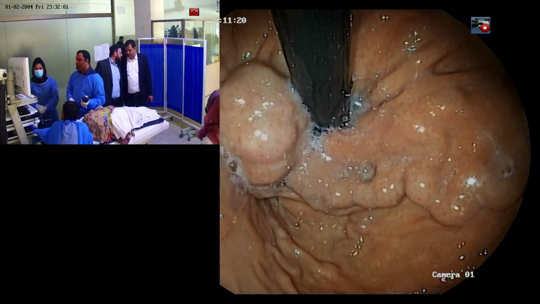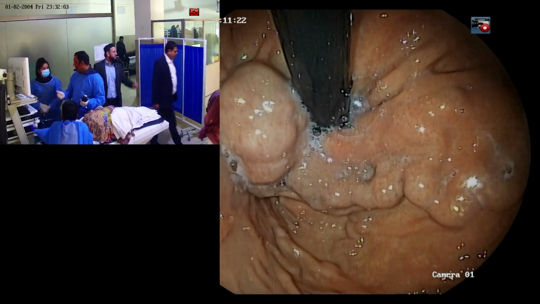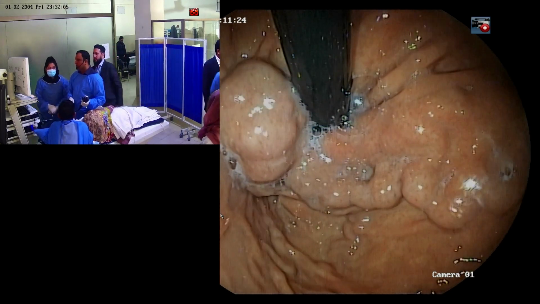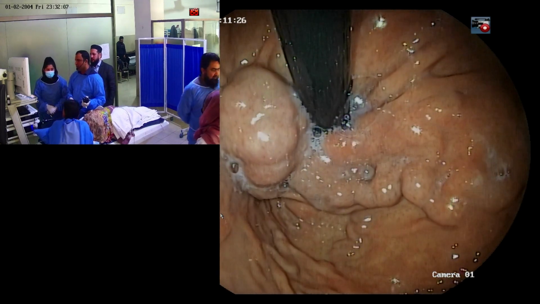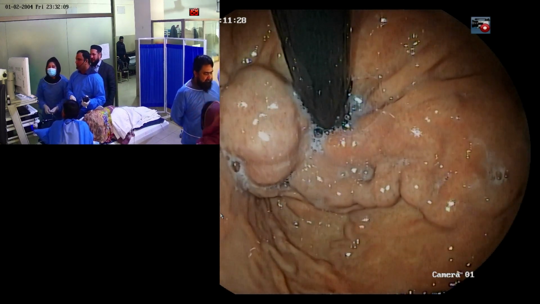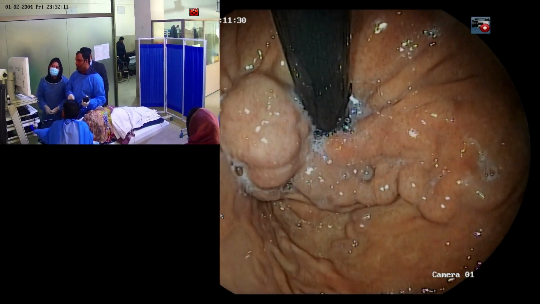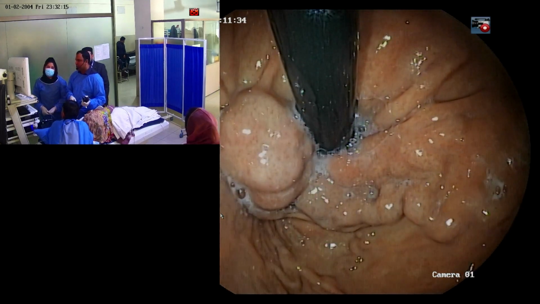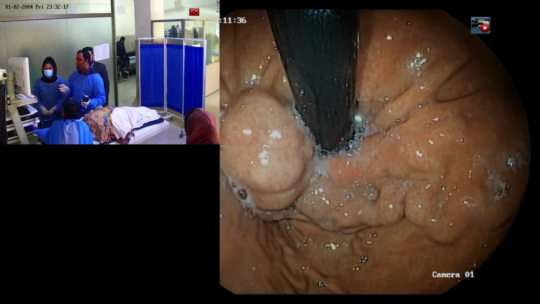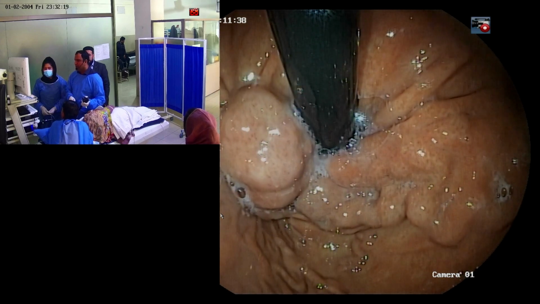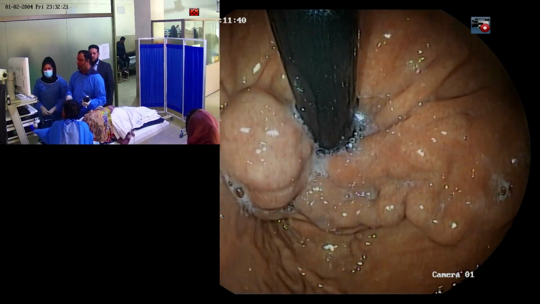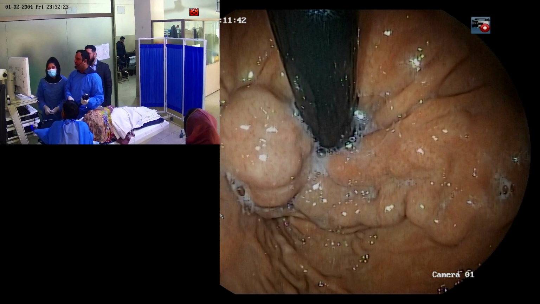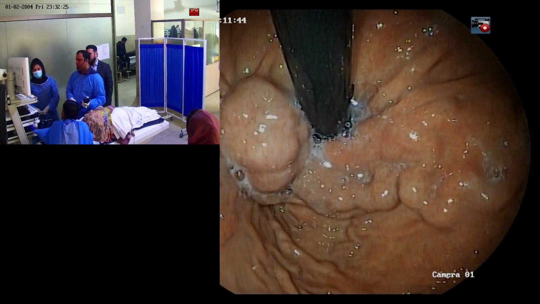Both can be used, but today we are going to go with N-butyl cyanoacrylate, and we are injecting it pure, without any dilution, because most of the data says there's no need to dilute it with Lipiodol or another carrier like olive oil. Recent AGA guidelines also concluded there is no need to dilute.